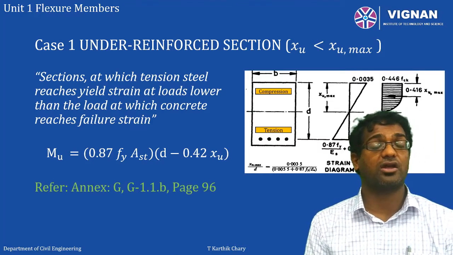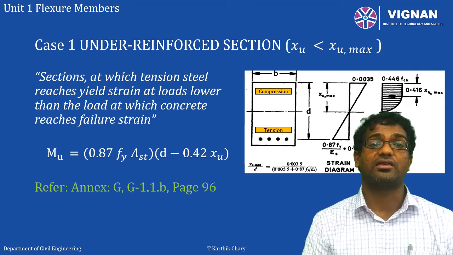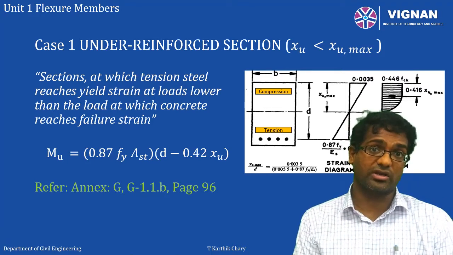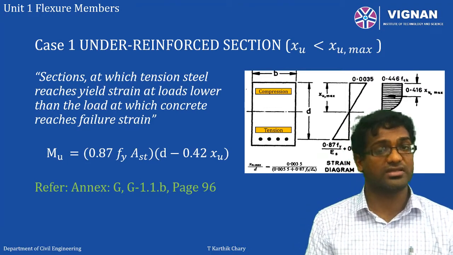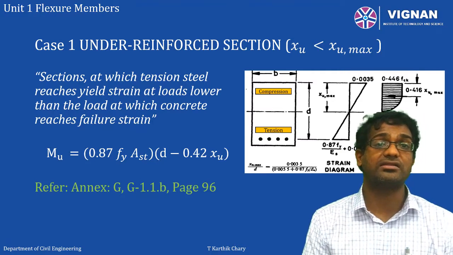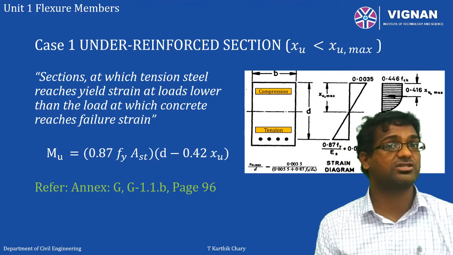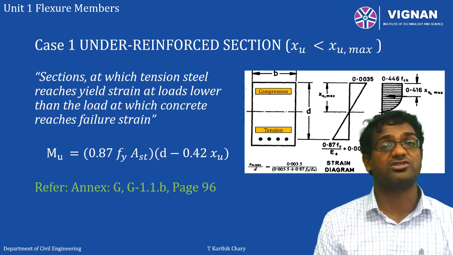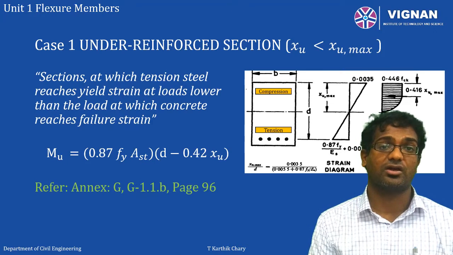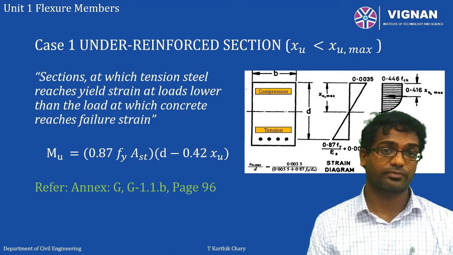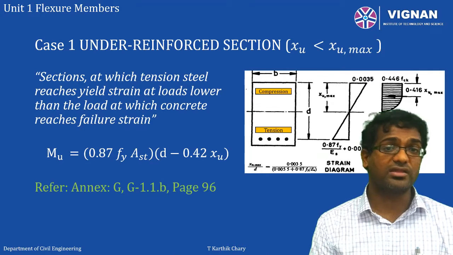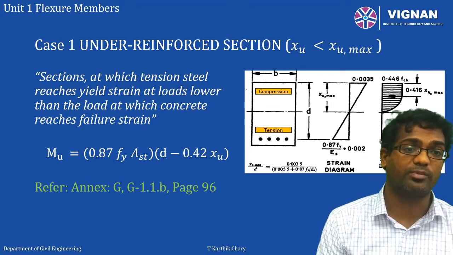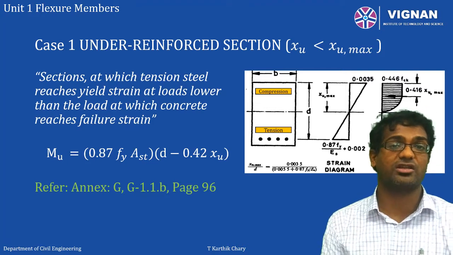There can also be a case where XU will be more than XU max, or XU can be equal to XU max. This will be discussed in later slides. But the same equation shown here is also used in IS 456 on page number 96, clause G 1.1.1. In that equation, IS 456 substitutes XU in place of XU max in the equation for Mu.